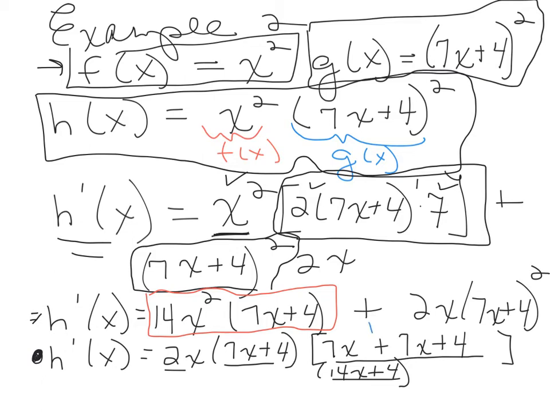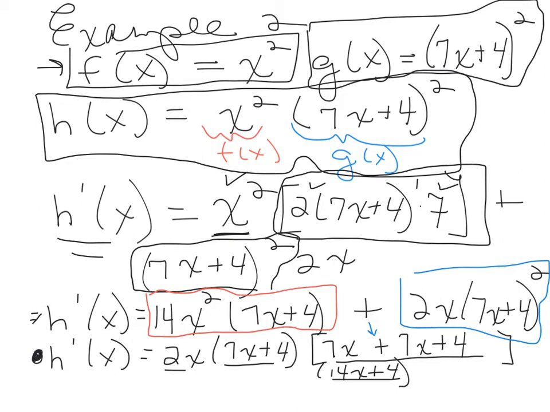Then bring down this operation, and in order to get this blue box back, I'm going to need to multiply by 7x plus 4 because I already have the 2x and one of the 7x plus 4s.